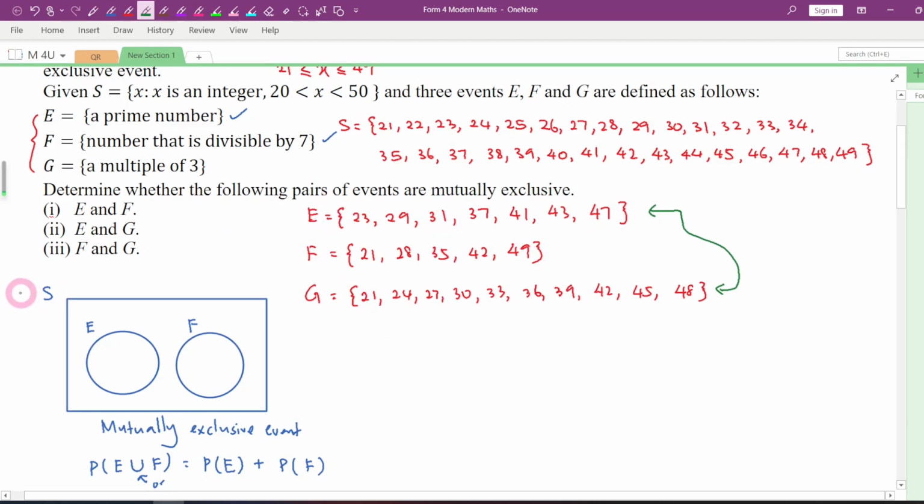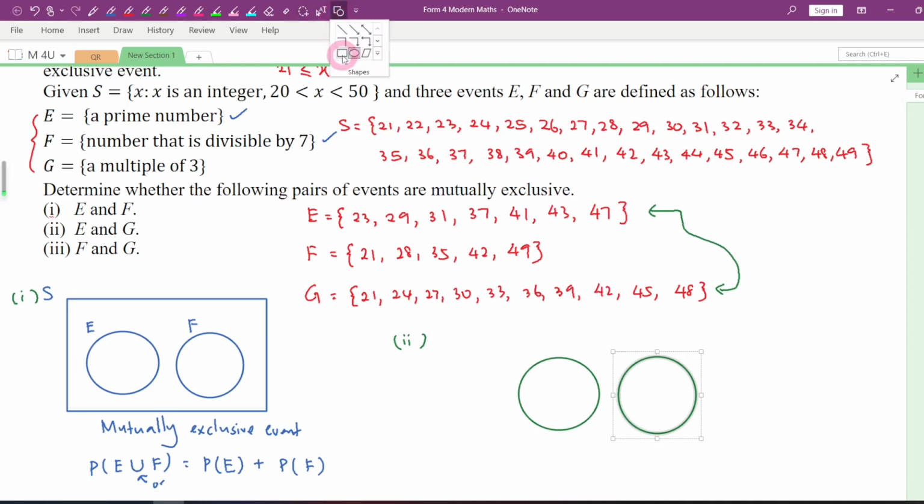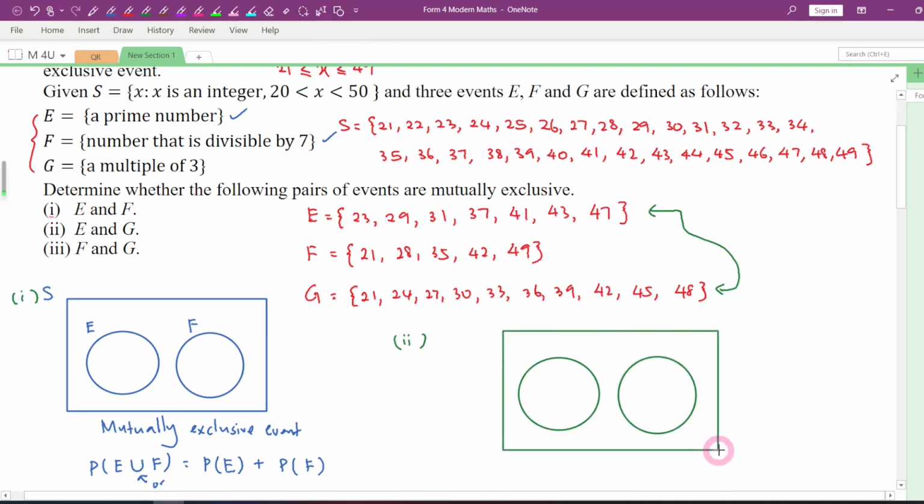So when we want to represent it by using a Venn diagram, it will be the same thing like this one. First, let's draw two circles, but these two circles need to be separated because they don't have any common element. And then we draw a rectangle to represent the sample space.